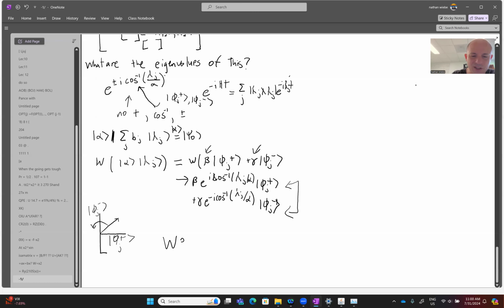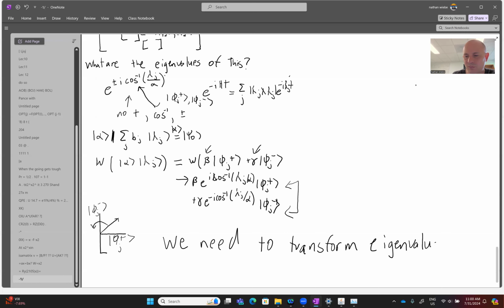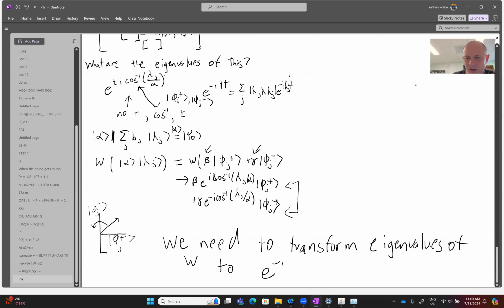We need to transform the eigenvalues of W to e to the negative i lambda j t. So we want to build a transformation that will transform both of these eigenvalues to the right thing.